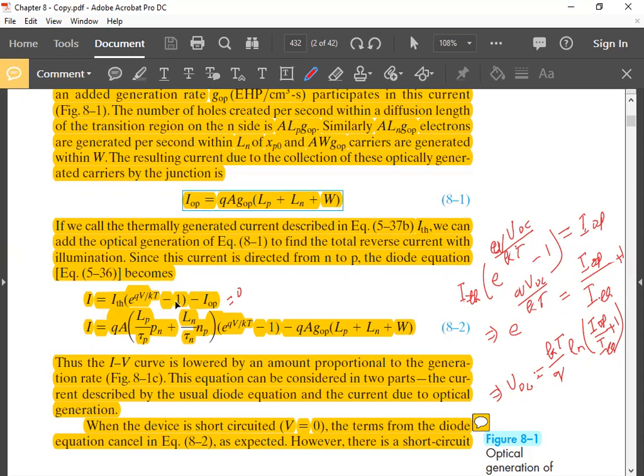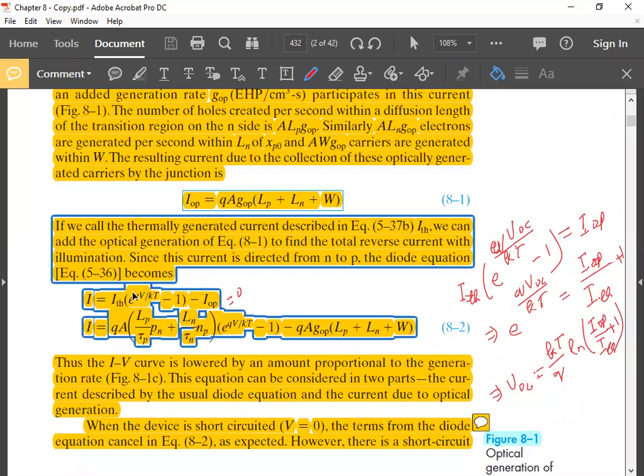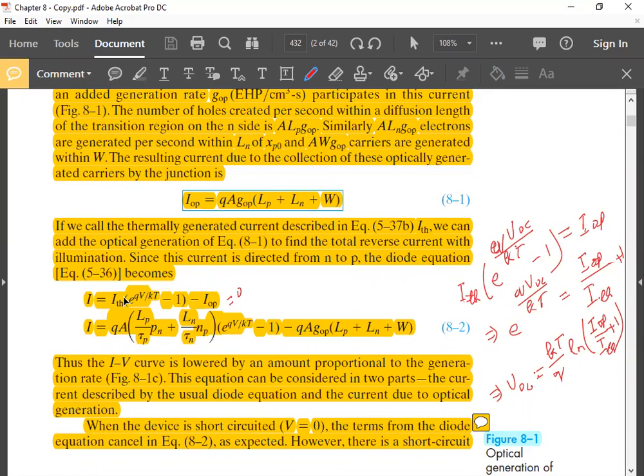But this is a general equation. We can apply this also for reverse bias. In that case, this V becomes negative, and this first part becomes almost negligible, almost zero. So I becomes minus I0, or I thermal in this case, same thing. So minus I0 means what?